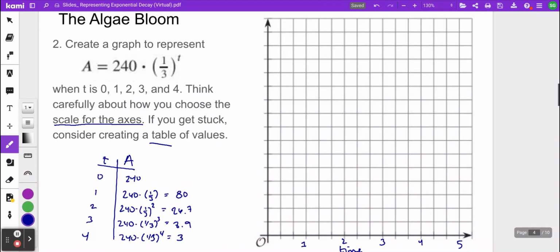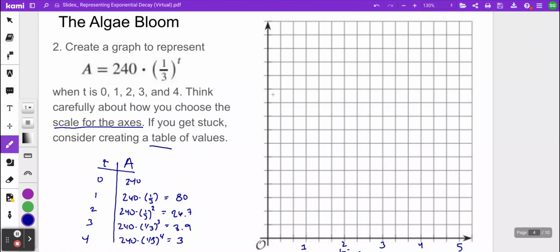And then for our y-axis, that's always your output, your dependent variable. And so here, that is the algae area. How fun. And we're seeing the biggest number I need on my y-axis is 240 because it's going down. So that means the highest number on my y-axis would be 240.